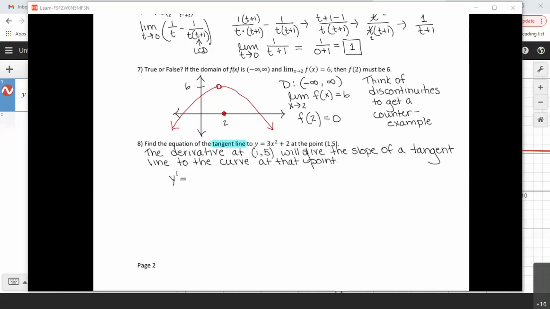I'm going to use the power rule. So I've got the 3, pull that through, bring down the exponent, drop the exponent by 1. That gives me the derivative. The 2 does not give me anything in the derivative because the derivative of a constant is 0. So my derivative is 6x. All right, now evaluate it.